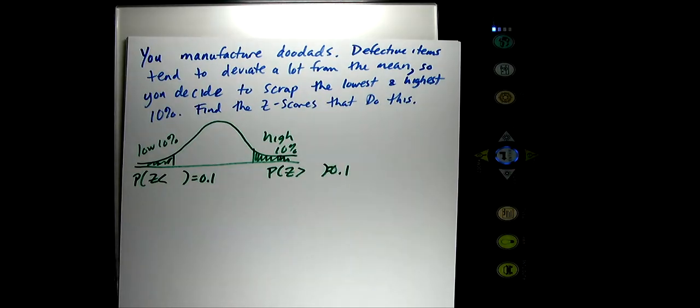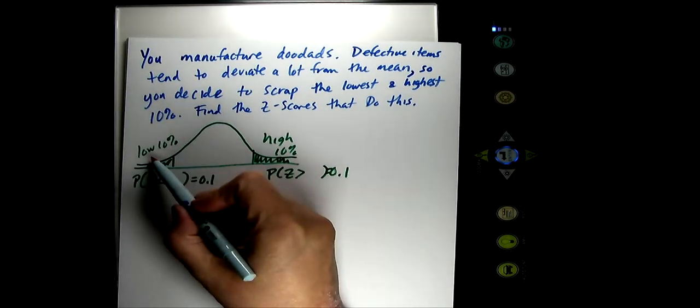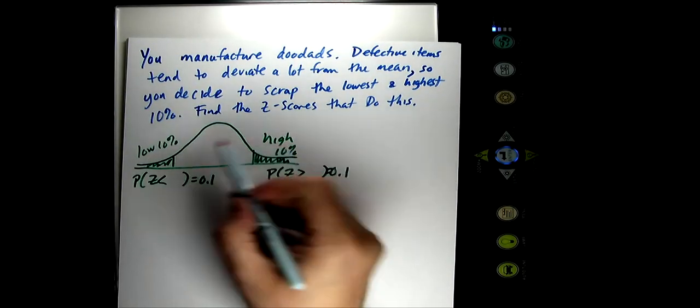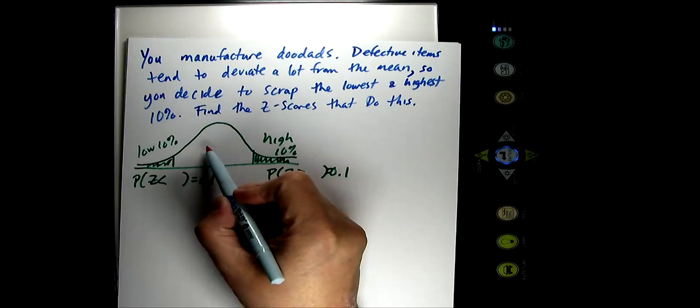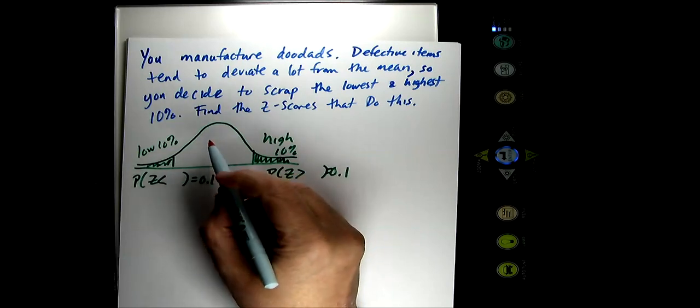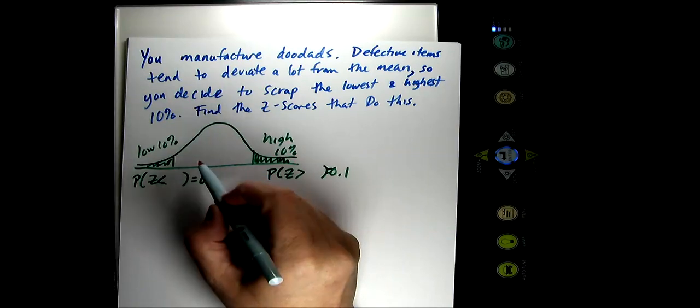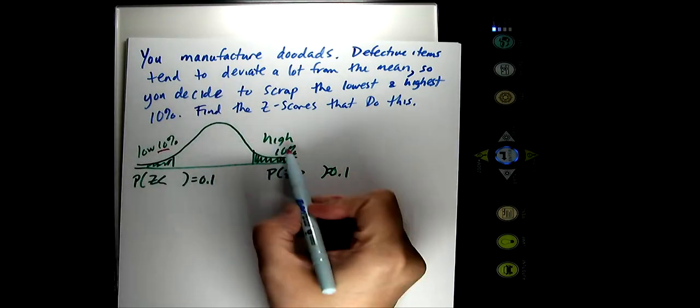Or you can look at it this way. If 10% is over here and 10% is over here, what percentage is in the middle? Anybody? I've got 10% over here and 10% here.